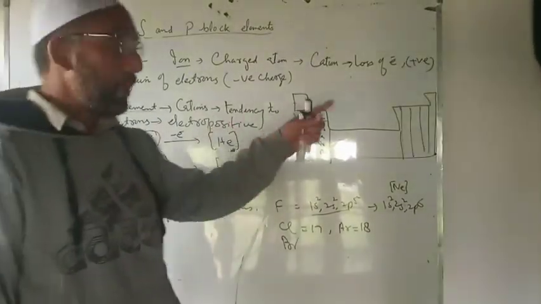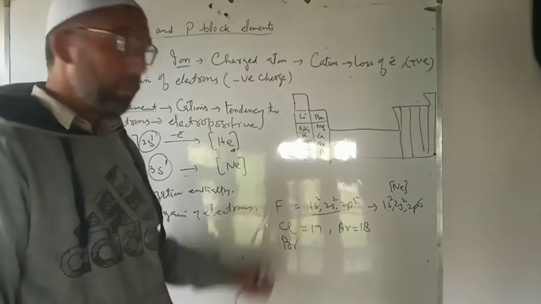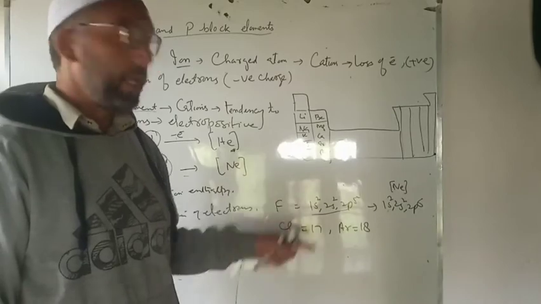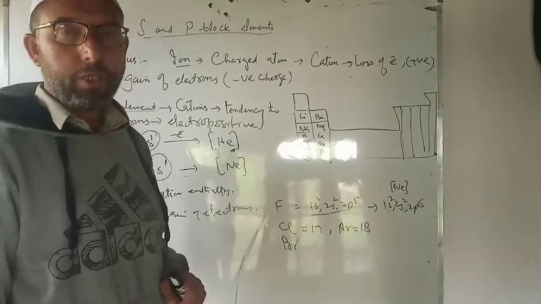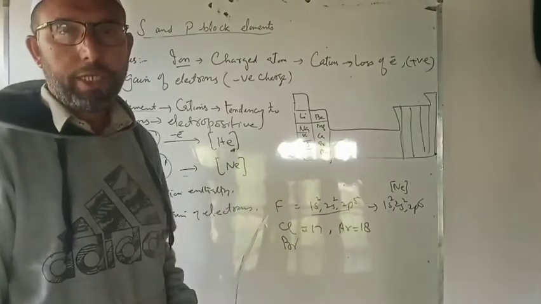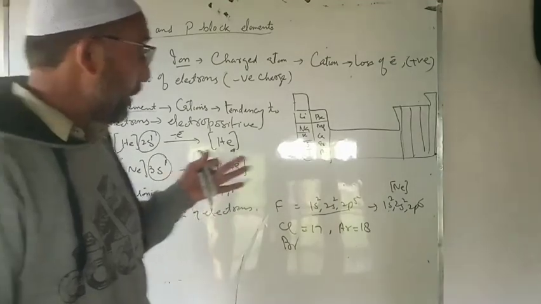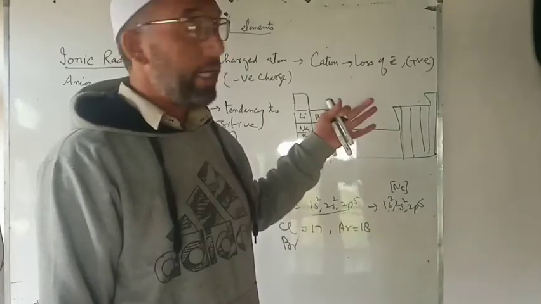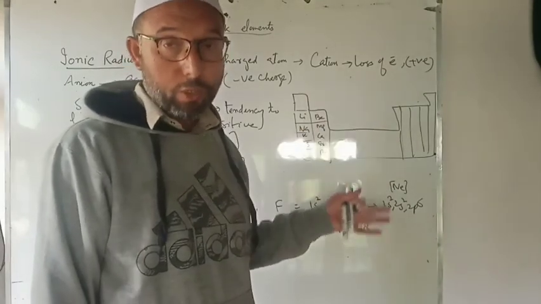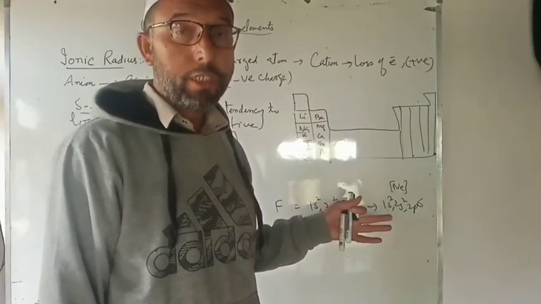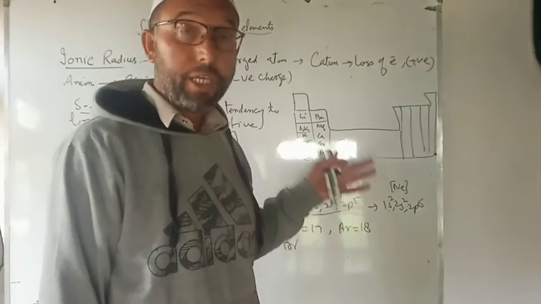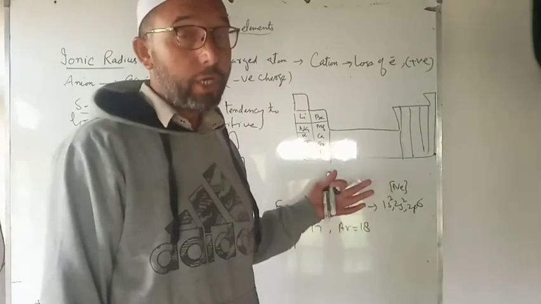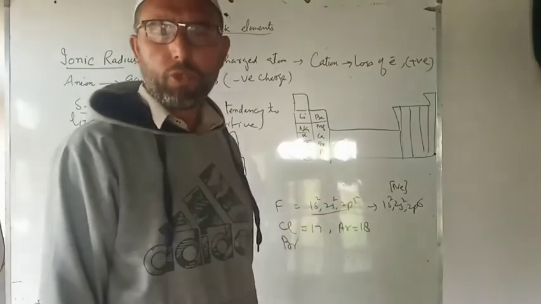So these p-block elements, especially halogens, and then oxygen of the oxygen family, nitrogen of the nitrogen family, prefer to gain electrons to achieve noble gas configuration, while the other elements of these groups also attain noble gas configuration either by gaining the electron and changing into anions, or sometimes they may form covalent compounds.